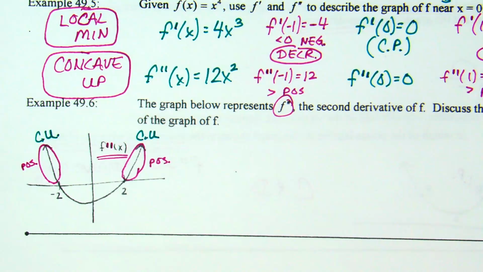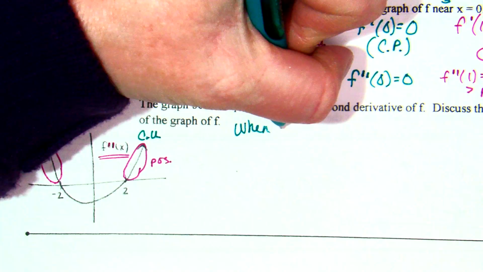So when x is less than negative 2, our second derivative is greater than 0, which means concave up.